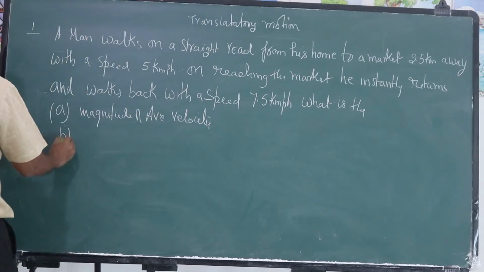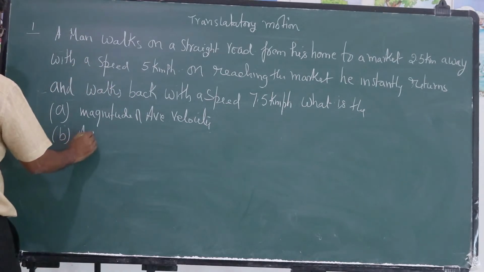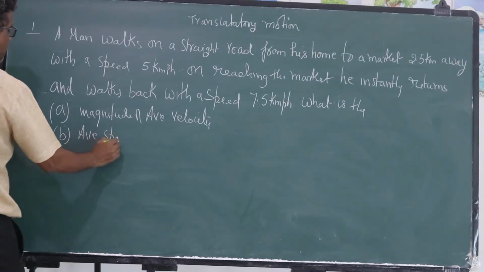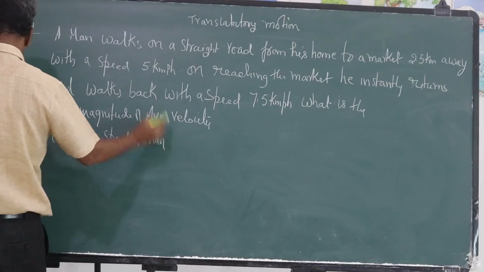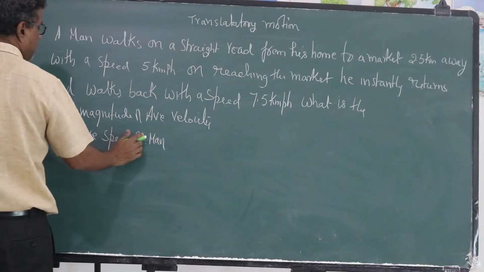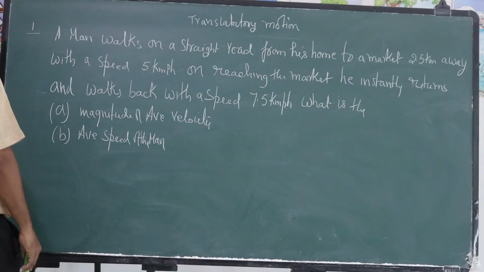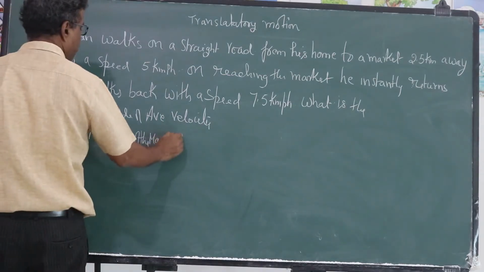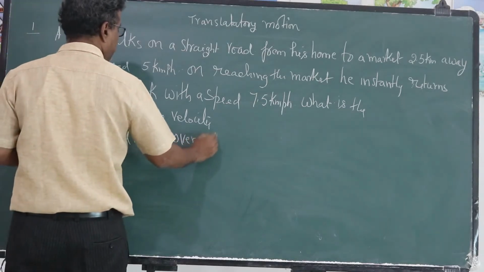B, average speed of the man over the time intervals.